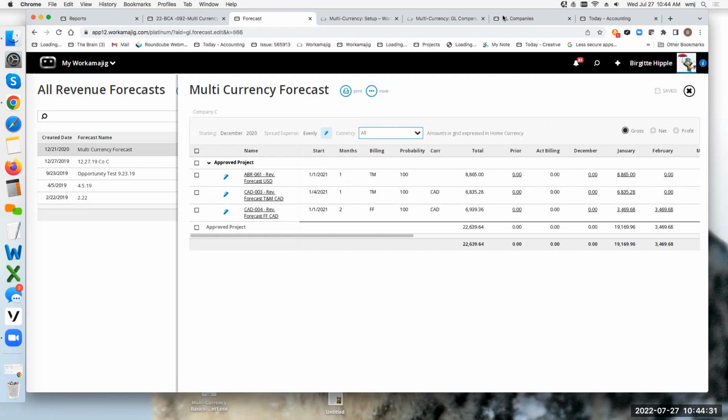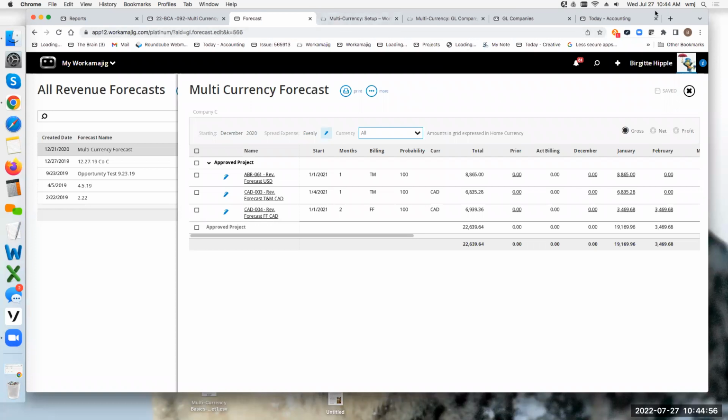What it's really doing is you have to have a new GL company. Any existing GL companies that you already have set up are automatically defaulted to whatever your home currency is. So you need to set up that new GL company with that new currency, and then the system will track all of that information in the background.